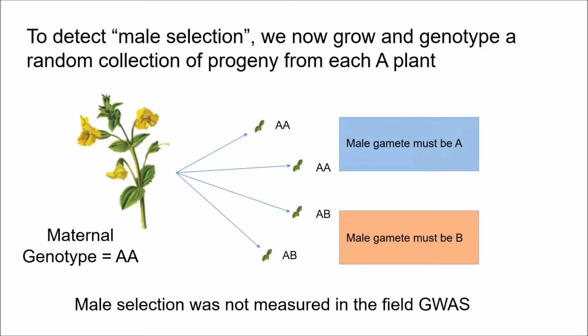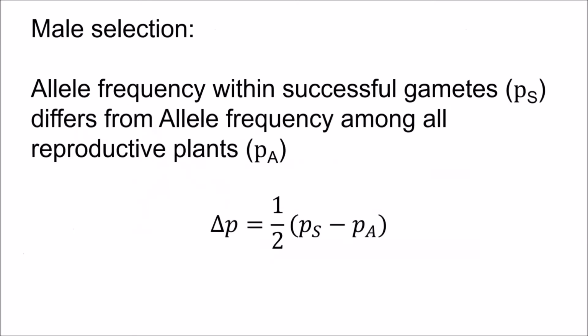And so male selection is basically measured as the difference in allele frequency between all successful gametes, all male gametes that actually make seeds, and the total population of males that could have produced them. Now, in a dioecious species, that would be the entire adult male population, but here it's just the entire adult population, since everybody is both male and female.